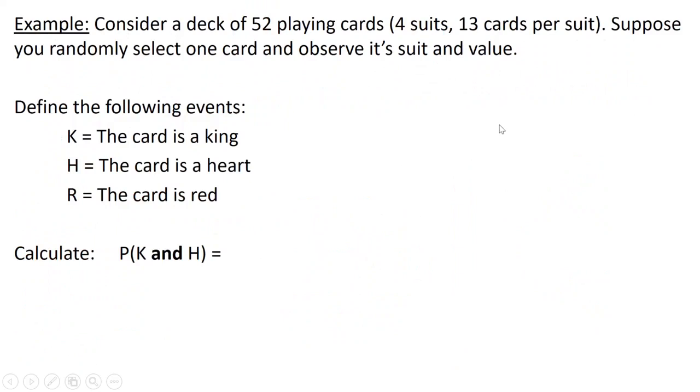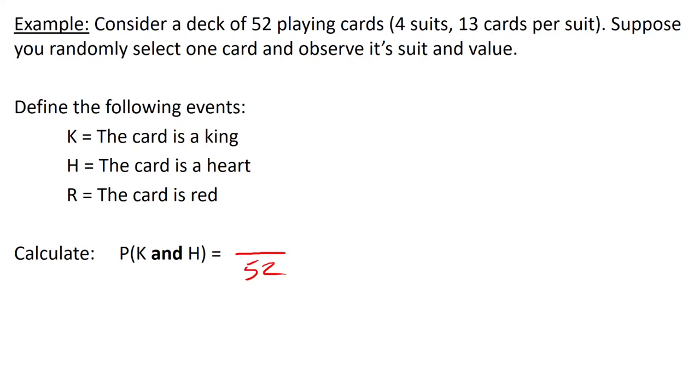You don't necessarily need that, though, if you have independent events, because like we saw in our last example, kings and hearts are independent. Now this one we happen to have the sample space. What's the probability that you get a card that's a king and a heart? Well, we don't need a formula for that necessarily. There's 52 cards, and how many of them are kings and hearts? There's only one.